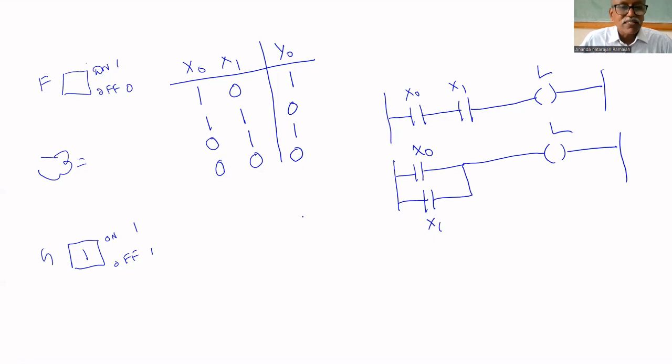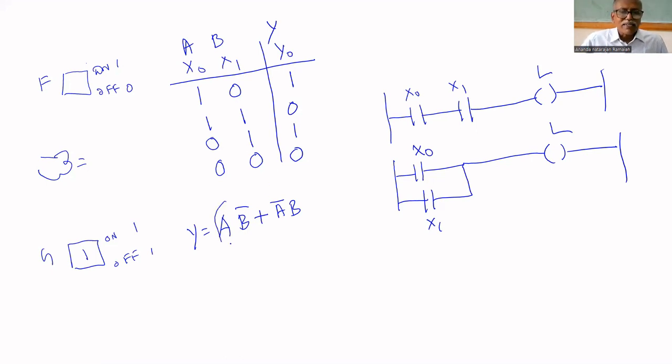What is the expression for XOR logic? Let us assume that the inputs are A and B and the output is Y. What is the logic? A B bar plus A bar B is equal to Y. If you know the logic for the XOR gate, then you can easily write the program.